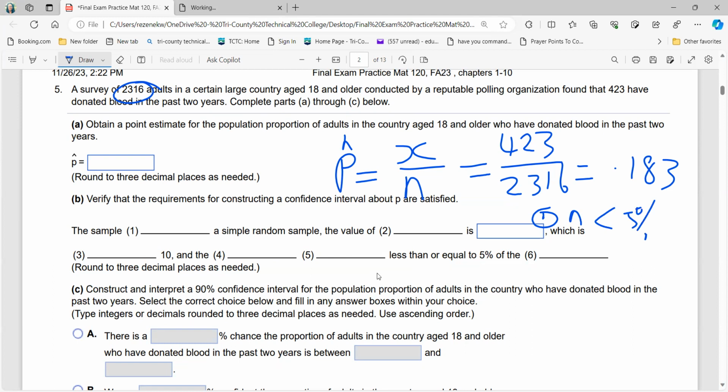Population is capital N. And number two, npq, the variance, must be greater than or equal to 10. Okay, let's check that out.